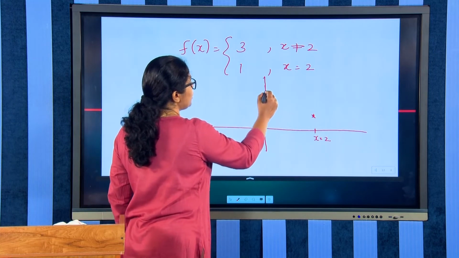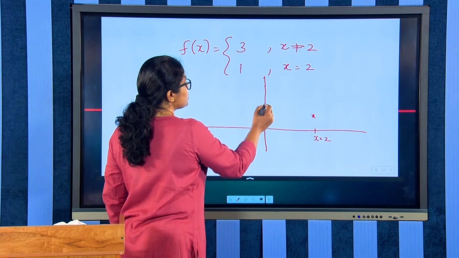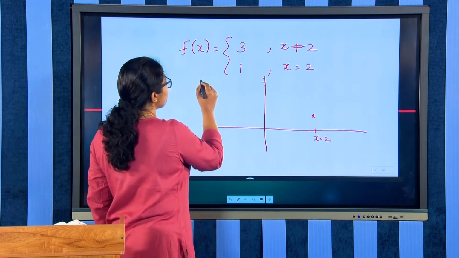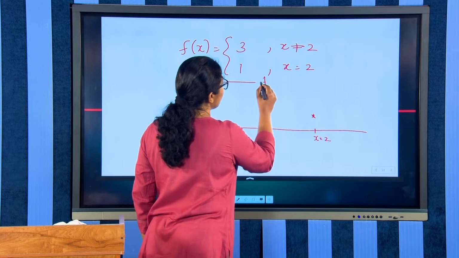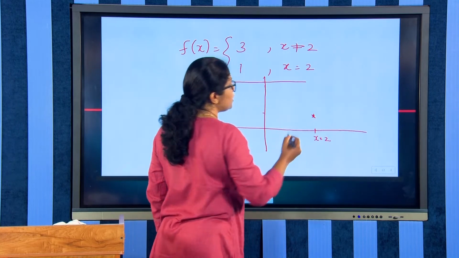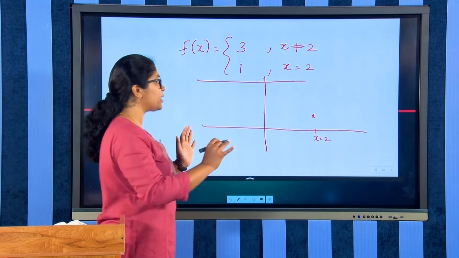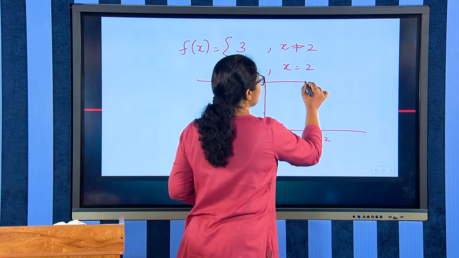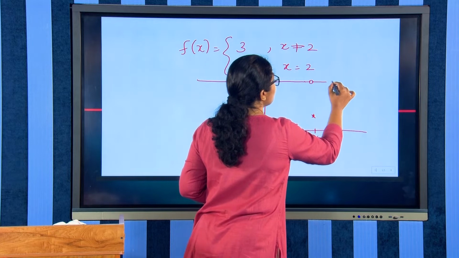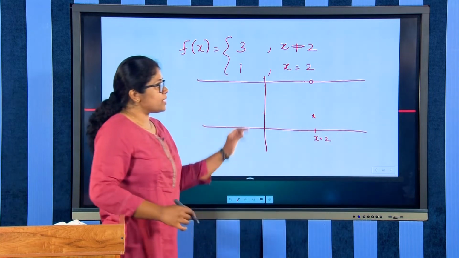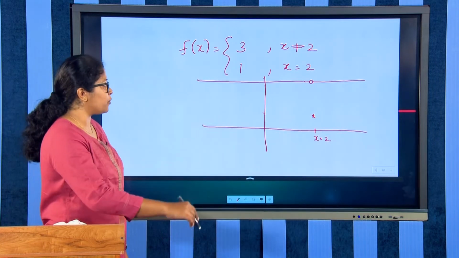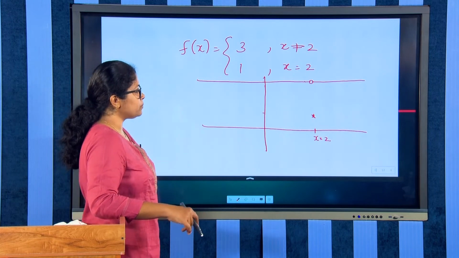So if this is 1, somewhere here you will have your 3. So the function is a straight line for the entire real line except the point x is equal to 2. So here I will draw a hole to show that this is the shape of the graph, or the function given.